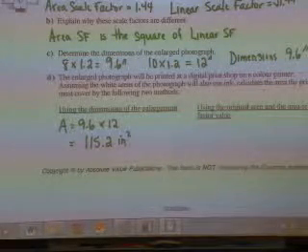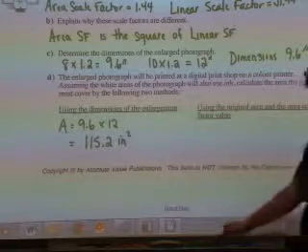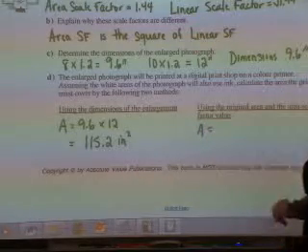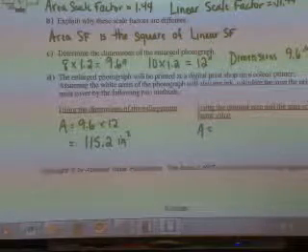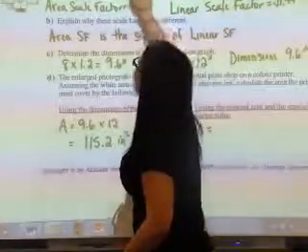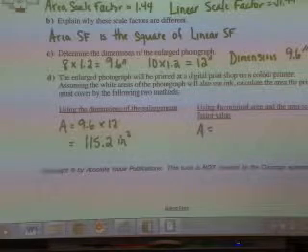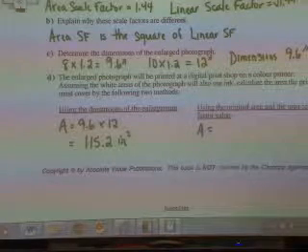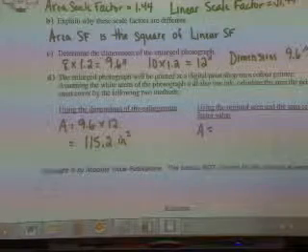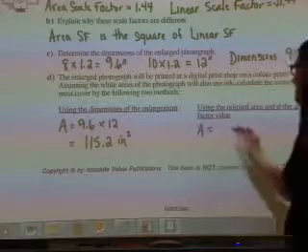Okay. And then part B, the second part, says use the original area and the area scale factor. So what's the original area of an 8 by 10 photograph? It's 80.